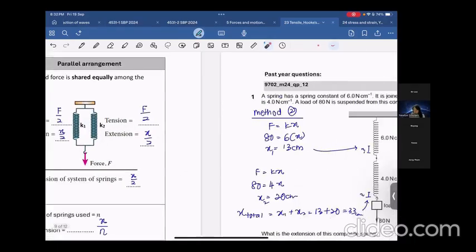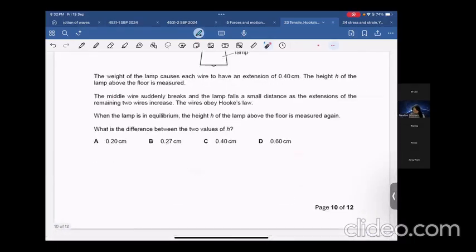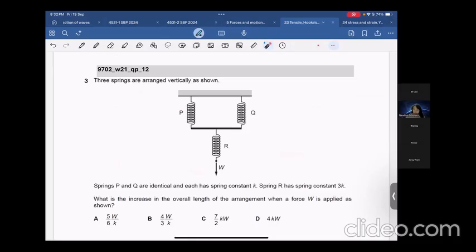Okay, next. Boys and girls, can you go to question number 3? Yeah, you try first. In parallel, Wesley, what we add up is actually the spring constant.